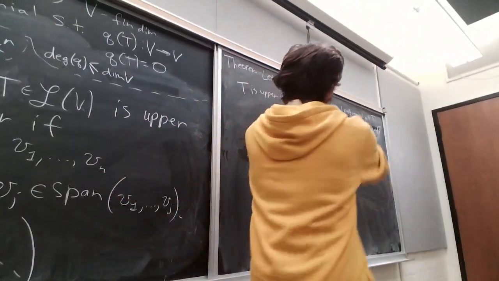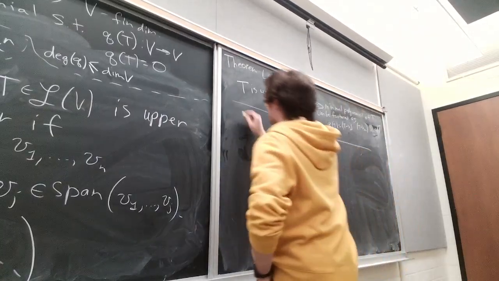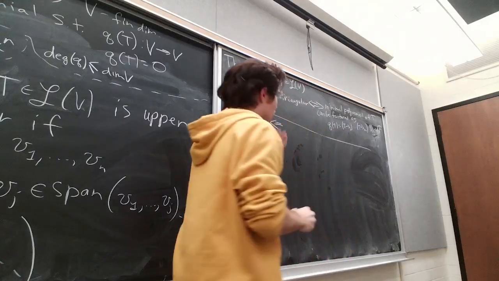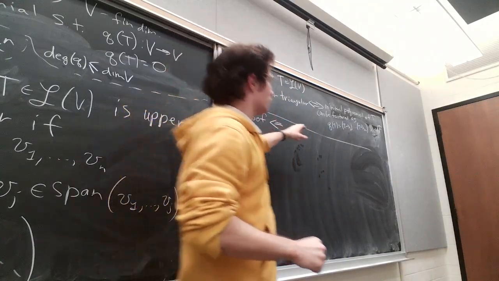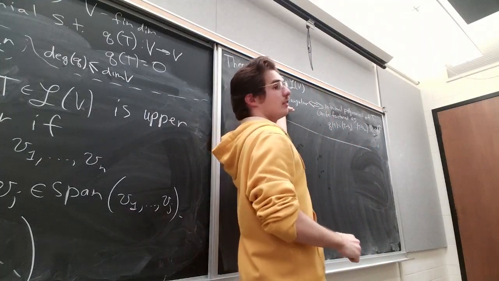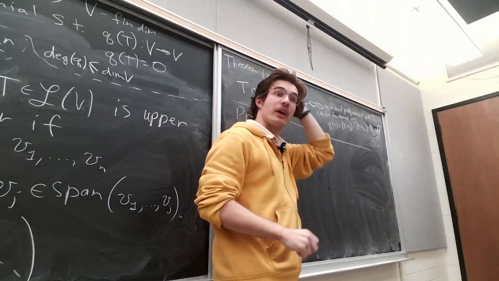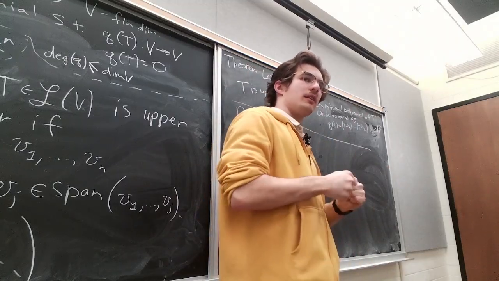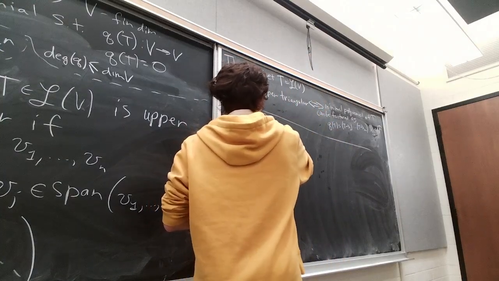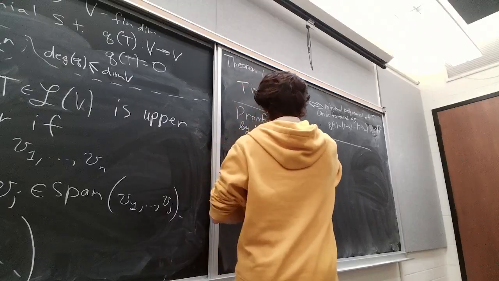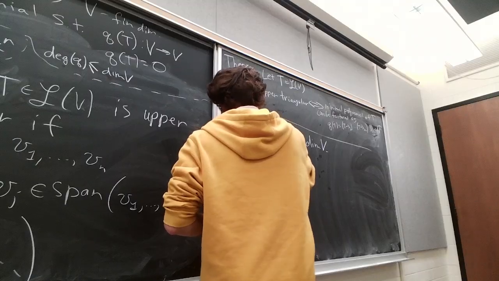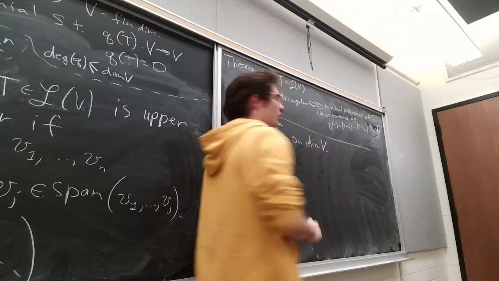So let's prove the other direction. Suppose we have a minimal polynomial, and it can be written in this way. Let's show that then there has to be a basis with respect to which the matrix is upper triangular. Once again, we're going to proceed by induction on the dimension of V. First, suppose the dimension of V is equal to 1.